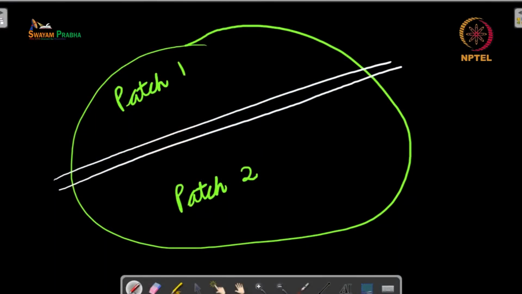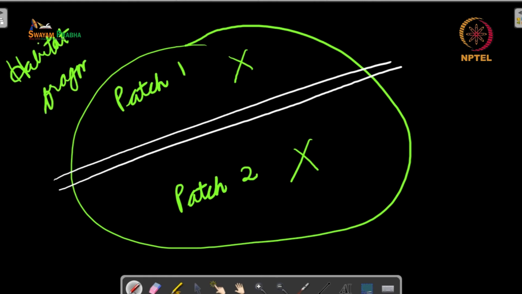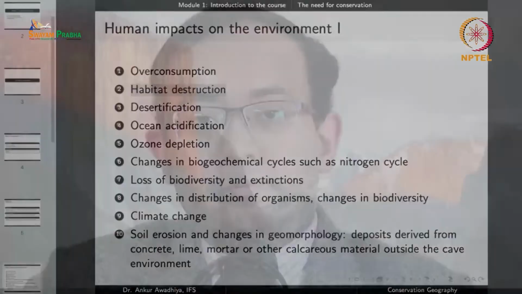But once we have divided the forest into smaller patches, then you may have a situation where the first patch is no longer able to sustain tiger, the second patch is also no longer able to sustain the tiger. And this situation is known as habitat fragmentation. And through the process of habitat fragmentation, we are dividing or fragmenting the habitats into very small portions.